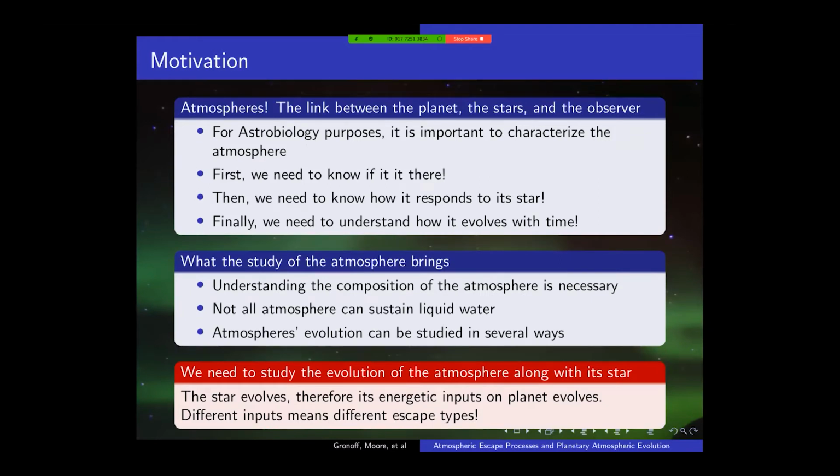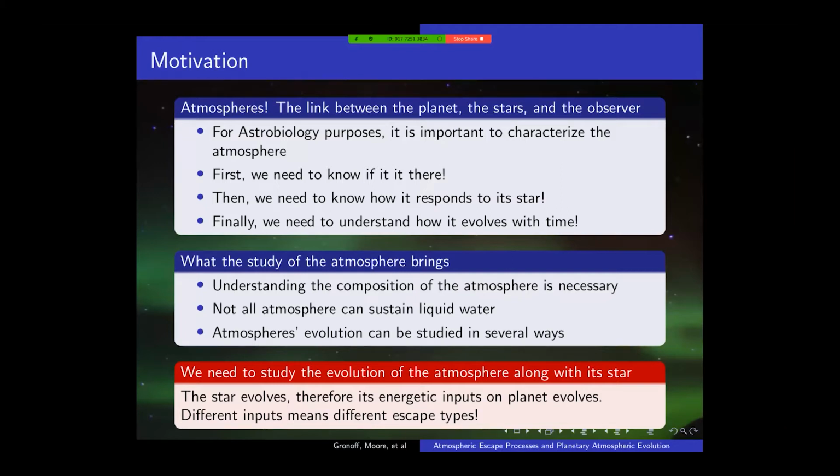We also have a big astrobiology objective with this work, because if you want to detect life around other stars, there are not a lot of options, and the big objective for us right now is to detect life from the effect it has on its atmosphere.